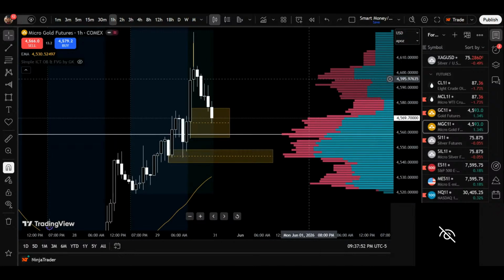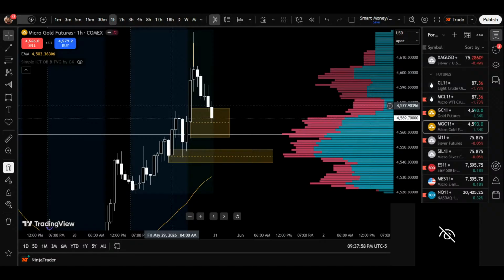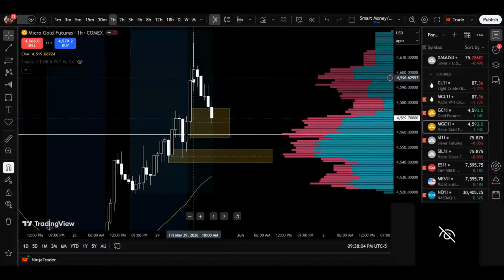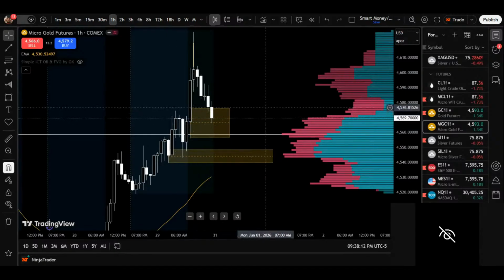Every time we get these peaks and valleys, these peaks represent consolidation. Price likes to break out of consolidation, i.e., supply or demand zone, and come back to the order block inside the supply / demand zone, and that's where we get our trade.